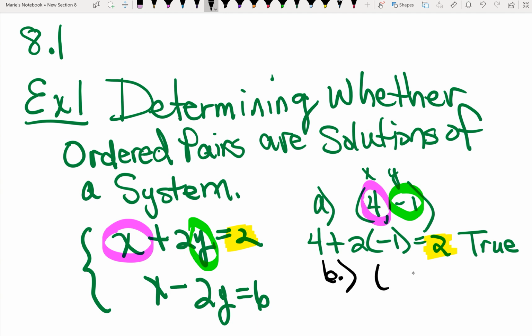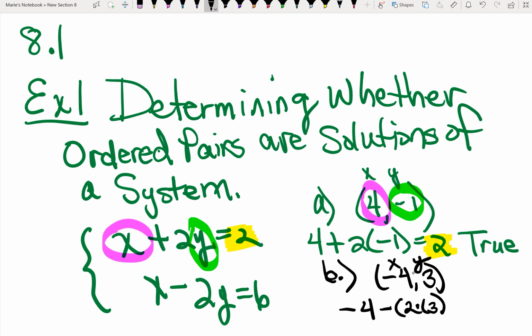So in this case, I have -4, 3. Again, an ordered pair. So this is x, this is y. So if I plug that into the equation, I'll have -4 minus 2 times +3. Right? Because I'm going to take the 2 and multiply it times +3.